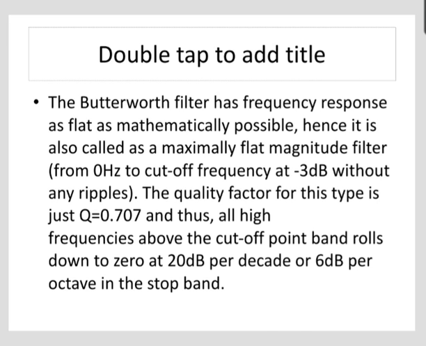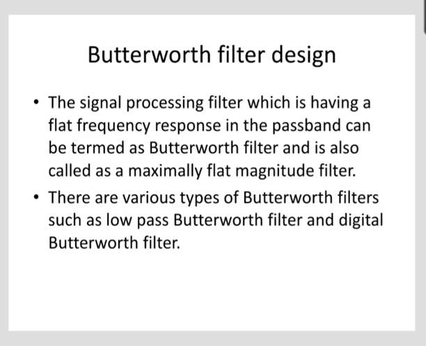Linear continuous-time filters are the Chebyshev filter, Bessel filter, Butterworth filter, and elliptic filter. The signal processing filter which has a flat frequency response in the passband is known as a Butterworth filter.